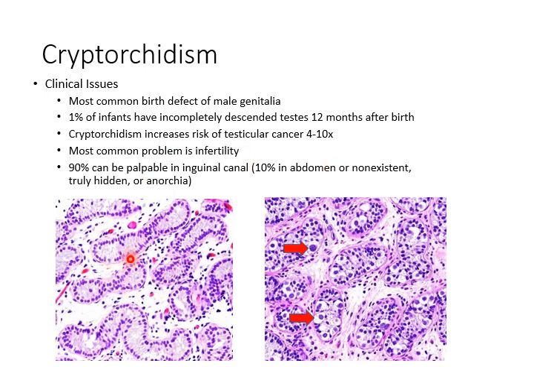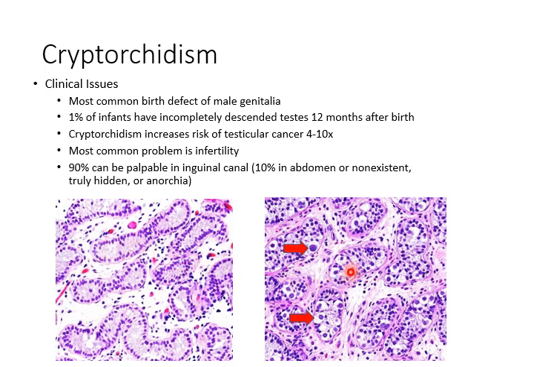Here's a cryptorchid testis that's been removed from a teenager, and we can see that all we're left with in the seminiferous tubules here are the Sertoli cells, those supporting cells only. All of the germ cell elements have gone.